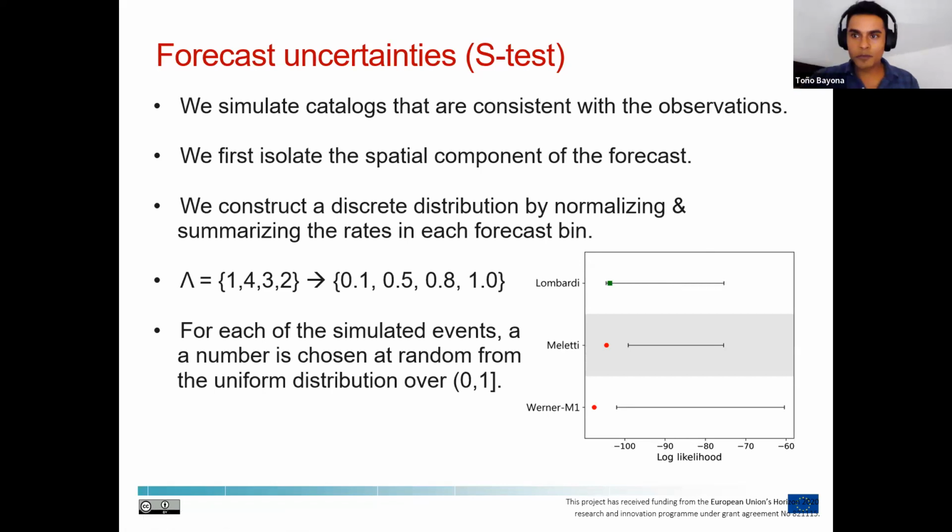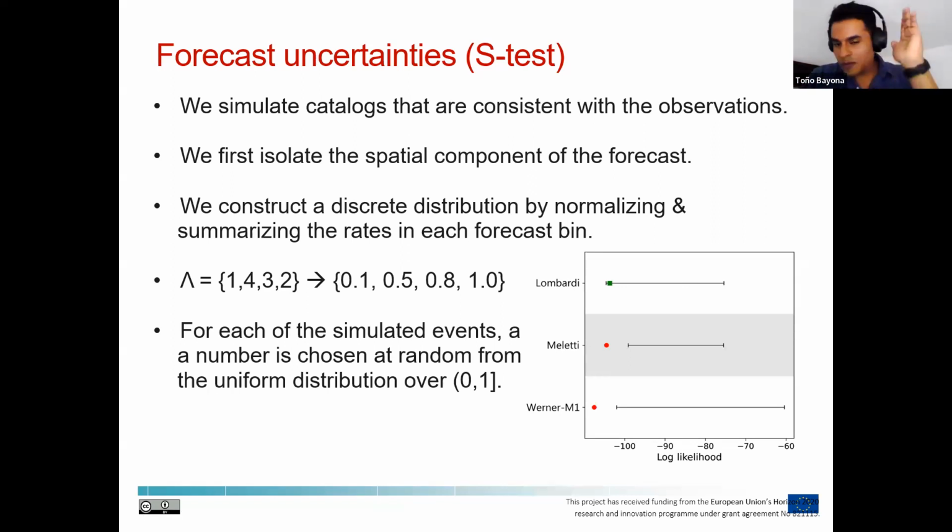I can run the process 1,000 times, and I'm going to get a family of joint likelihood scores that are going to fall all over this place. And I can take the 95% confidence range of that distribution and check if the observed joint likelihood score falls within this distribution.